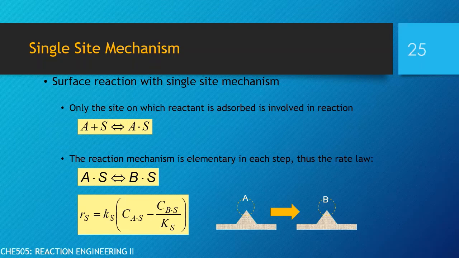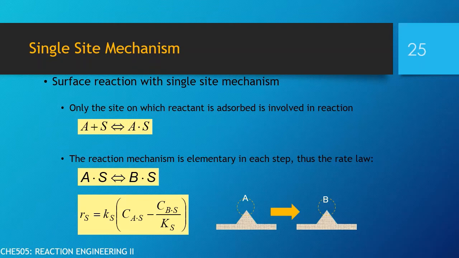Therefore, the mechanism is A·S, reversible reaction to produce product B·S. If you look at the diagram here, A is attached to the triangle, from the adsorption step previously. Then surface reaction occurs and will produce the product B attached at the same active site, so B·S. So it has become the product.